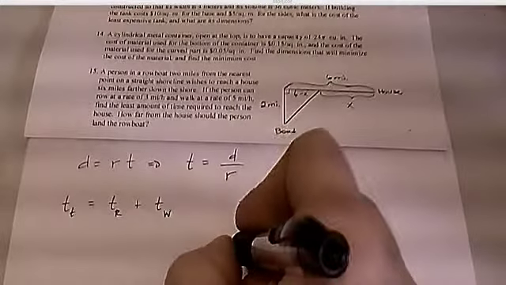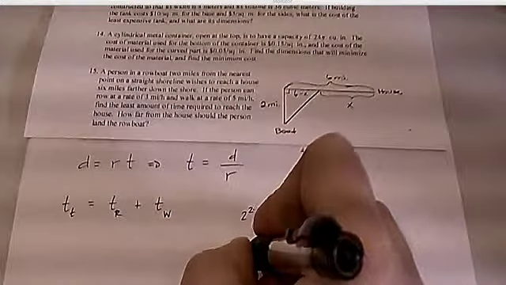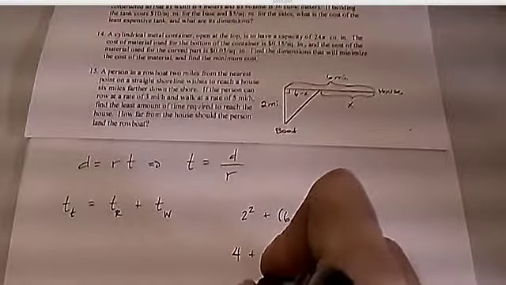Everything that's walking, I'll put with a subscript w. Everything that's rowing, I'll put with a subscript r. So that winds up being 4 plus x squared minus 12x plus 36, or x squared minus 12x plus 40, is equal to d sub r.